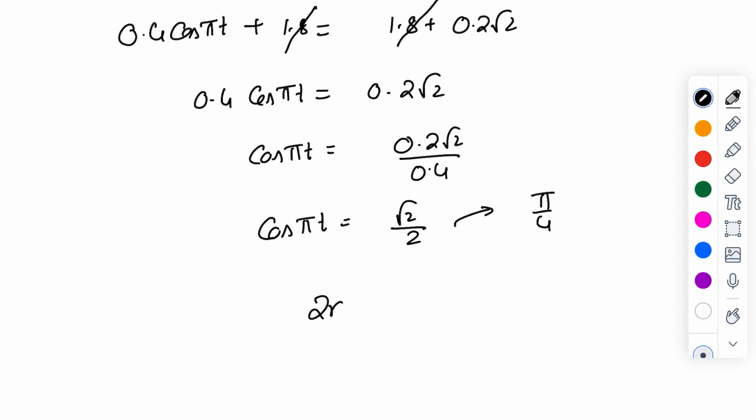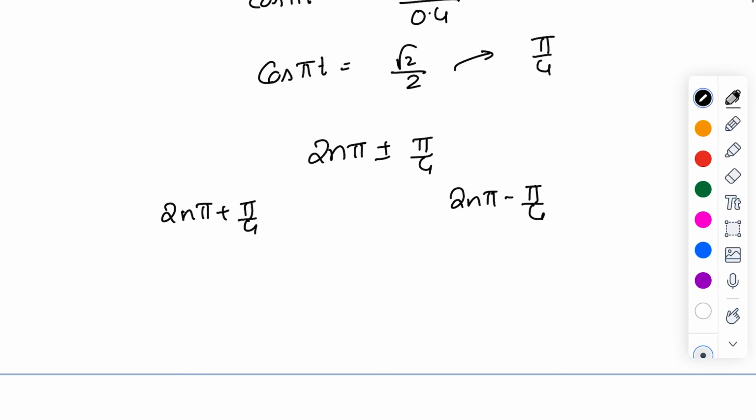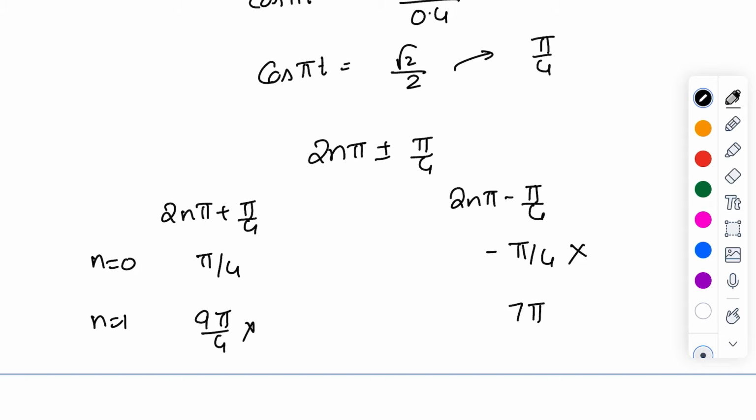The general solution for cos is 2n pi plus or minus pi by 4. So I take 2n pi plus pi by 4 and 2n pi minus pi by 4. When n equals 0, I get pi upon 4 or negative pi upon 4. The negative angle is rejected. N equals 1, I get 9 pi by 4, which is more than 2 seconds, and 7 pi by 4.